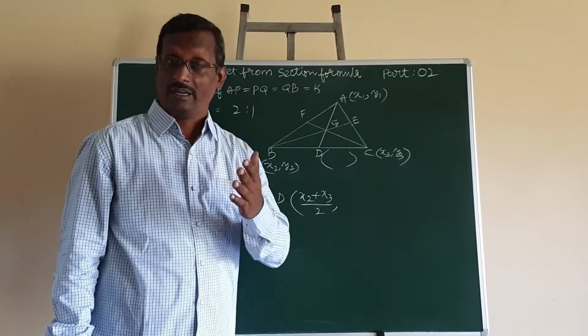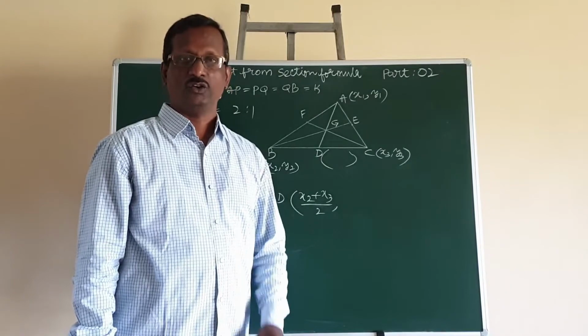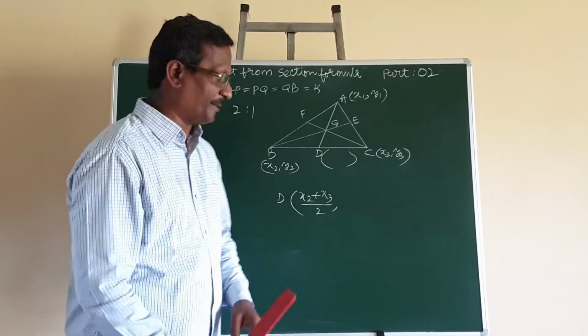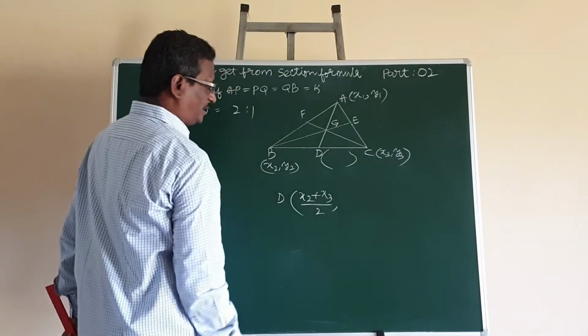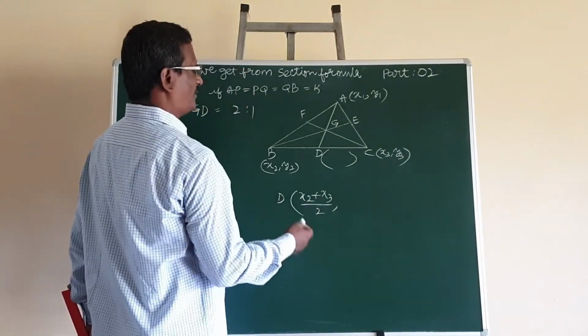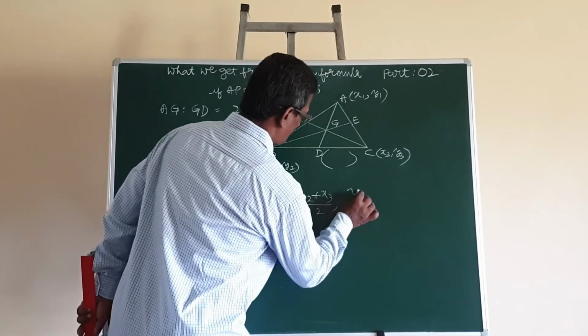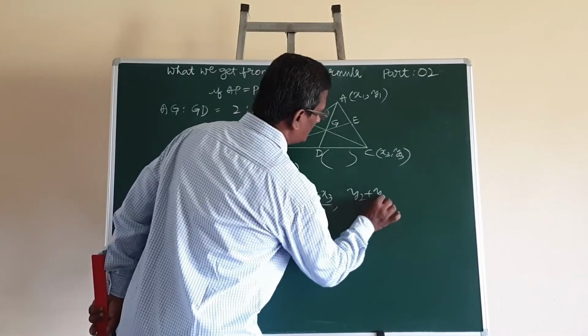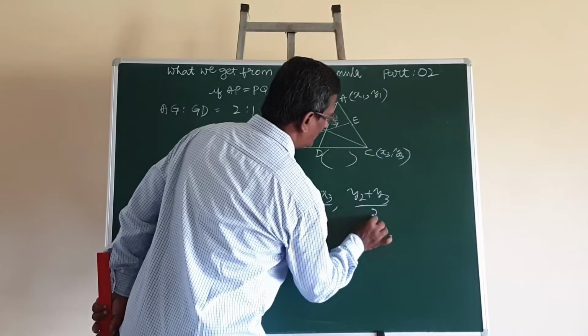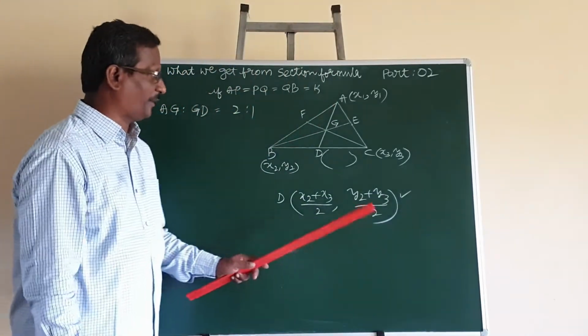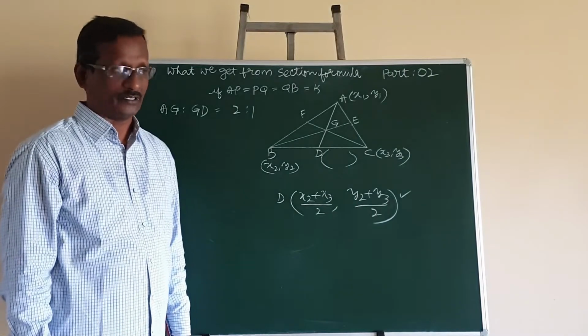If there are 10 observations, the average is the sum of the 10 observations divided by 10. Please remember. Now, the x coordinate of point D is done. For the y coordinate, again the average of the two y coordinates, (y2 plus y3) by 2. So simple to get the coordinates of point D by using the midpoint theorem.